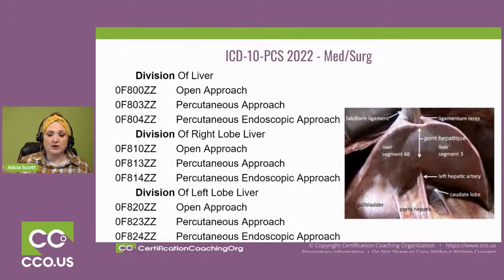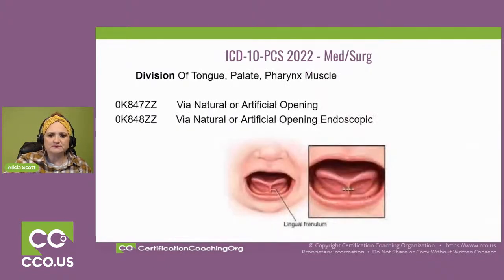Open approach, percutaneous approach, and percutaneous endoscopic approach. Endoscopic just means we go in and we visualize with a camera at the same time. So the OF8, 0 for the liver, 1 for the right lobe of the liver, and 2 for left lobe of liver. And you can see how the code set just repeats itself. It's so simple, so easy to use.